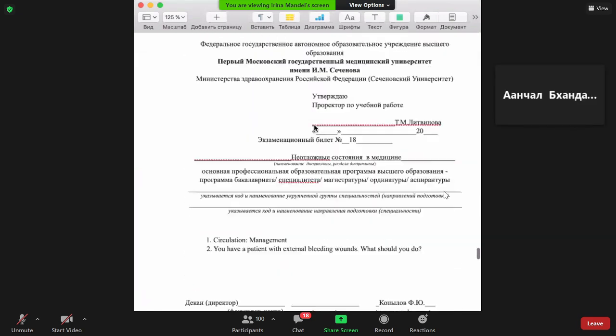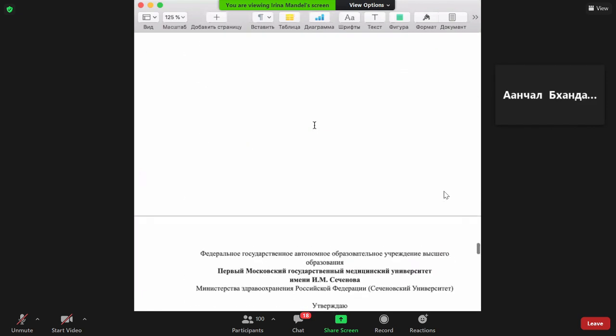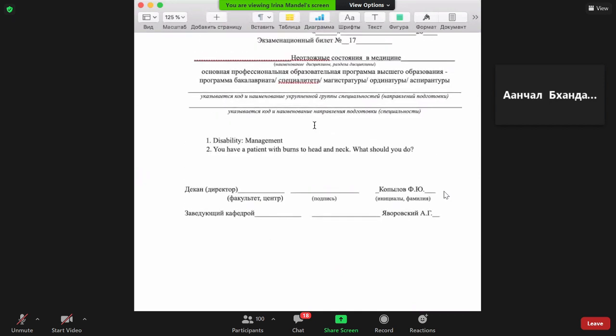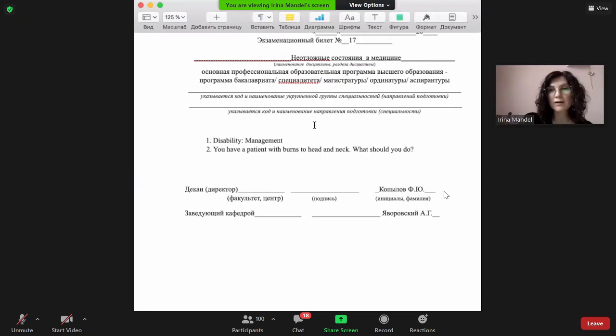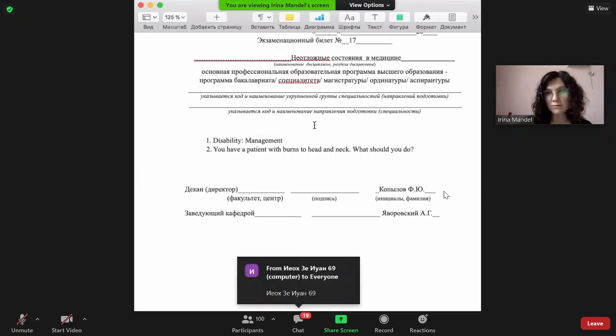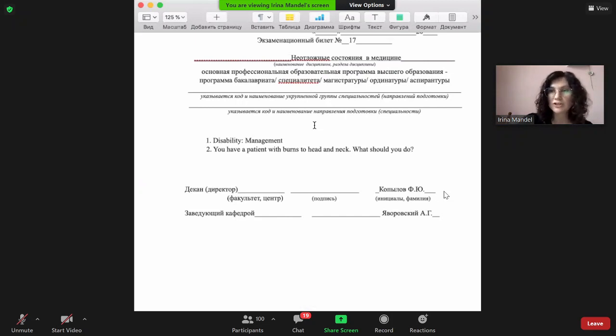Professor, I just have a question. If there is a question about shock, like for example cardiogenic or anaphylactic, so should we answer the pathophysiology or should we answer the diagnosis and the treatment? You should say a few words about the pathophysiology. For example, cardiogenic shock, low cardiac output, low blood pressure, peripheral hypoperfusion. Okay. And then you should say a couple of words about treatment. What to do? If cardiogenic shock, myocardial infarction, angiography, stenting, inotropes, and something else.